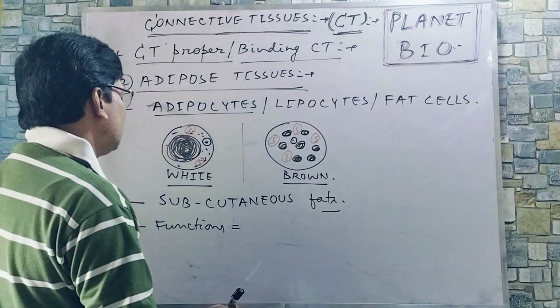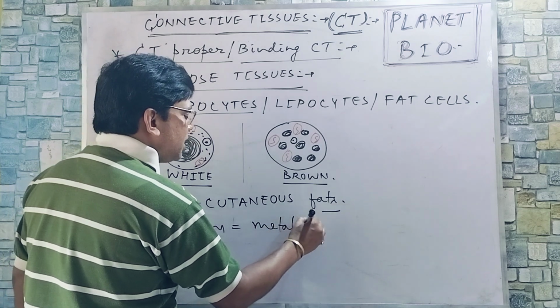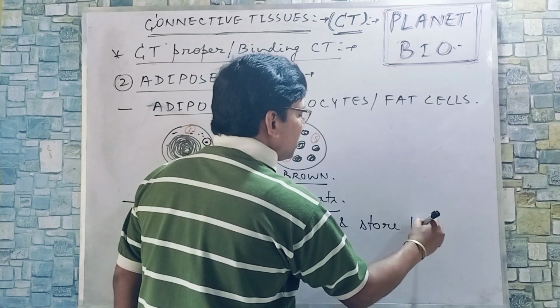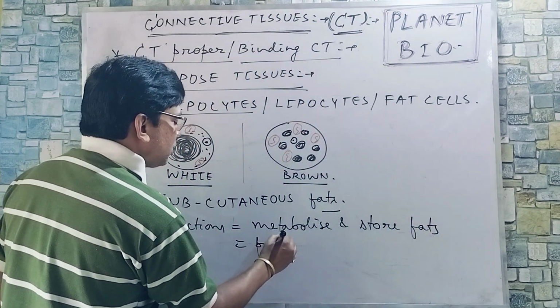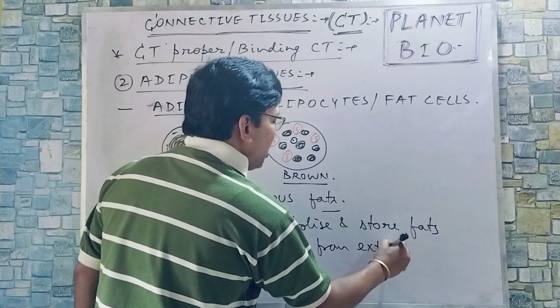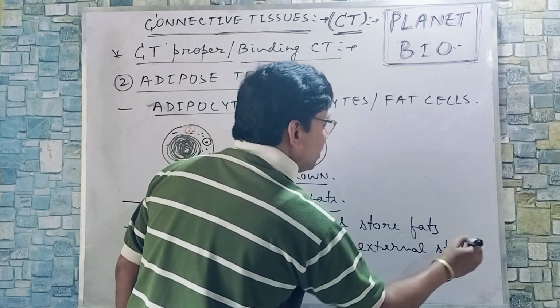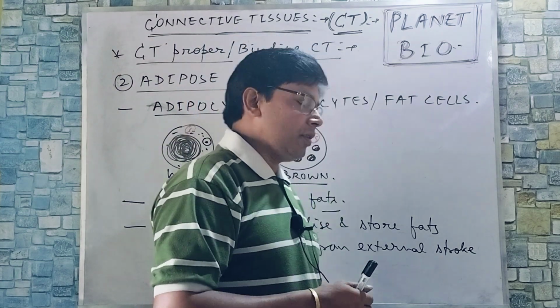First, these metabolize and store fats. They protect from external strokes as they surround the eyeball, heart and kidneys.